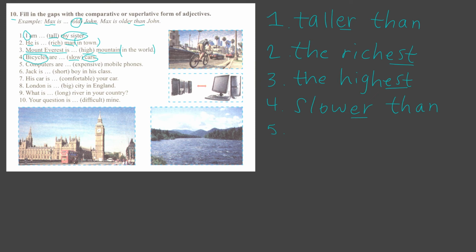Number 5, computers are blank mobile phones. So we have computers and mobile phones. And those are two different things. So we know that this is a comparative sentence. Yes, so over here in this photo, we have mobile phones and computers.